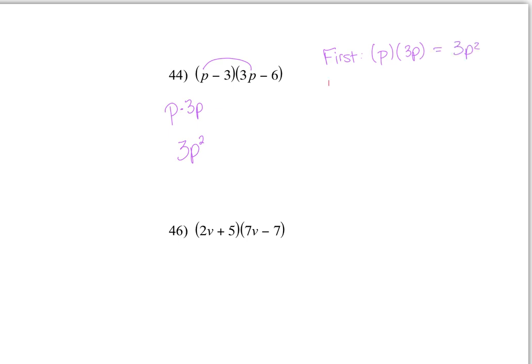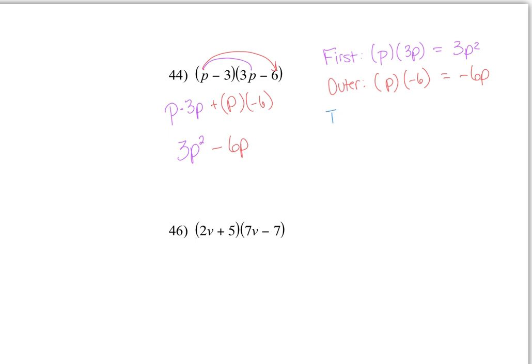Outer terms. So we're going to say p times negative 6. Some of you will go ahead and say, I know that is negative 6p. Outer terms. All right, inner terms.